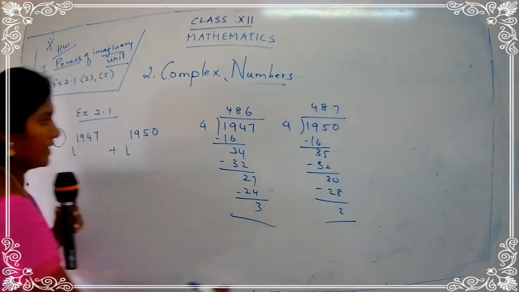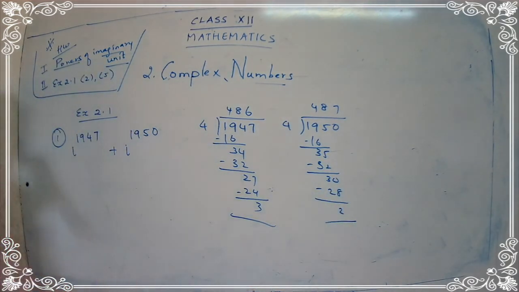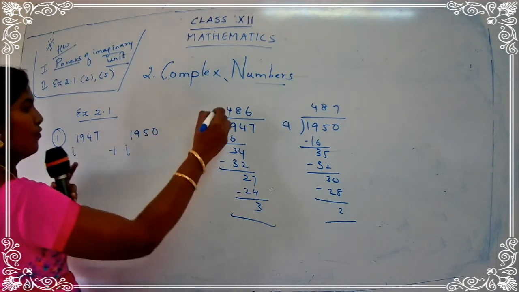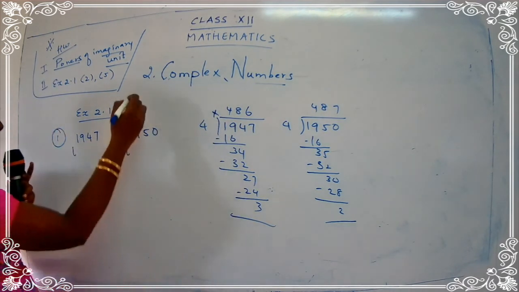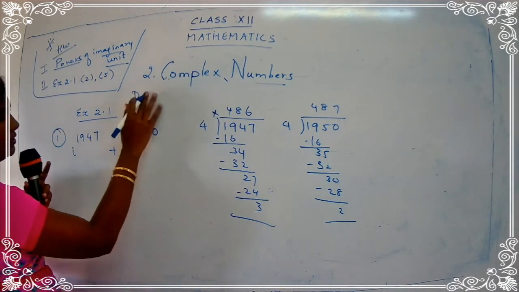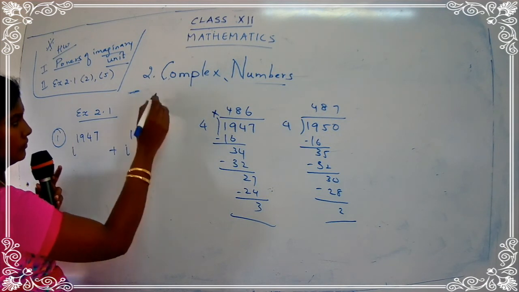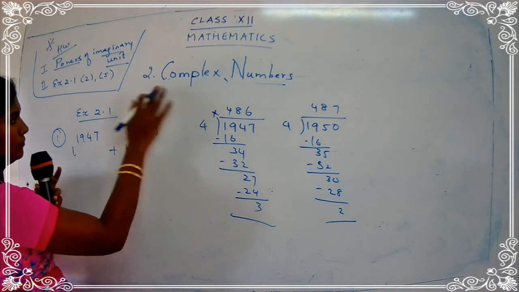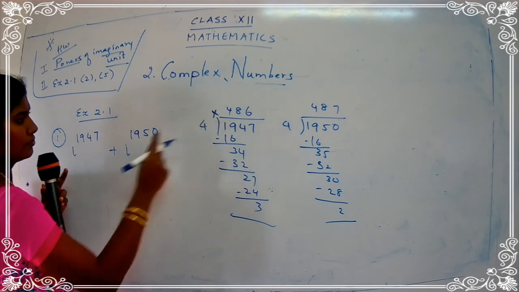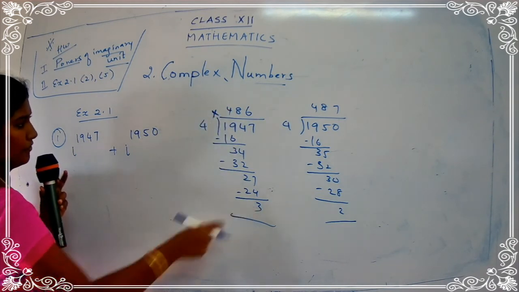So I have just divided. You have to show the working part, children, because we are just going to use that. I am going to write the division rule over here. Dividend is equal to divisor into quotient plus remainder. So you multiply the divisor and quotient and add the remainder.